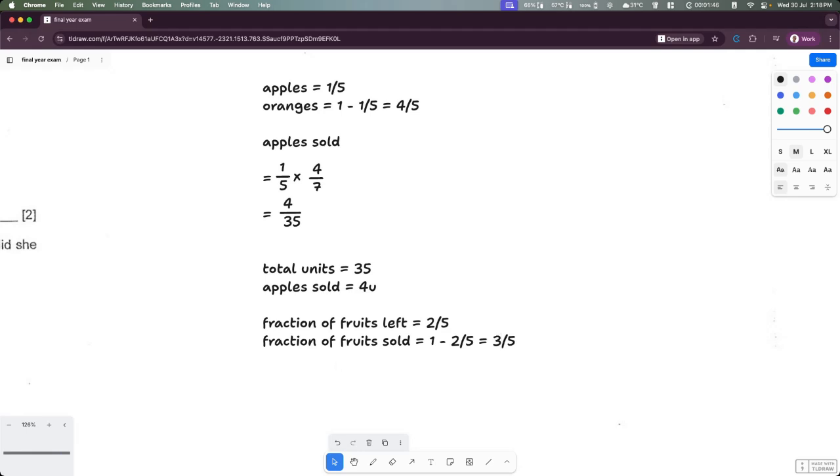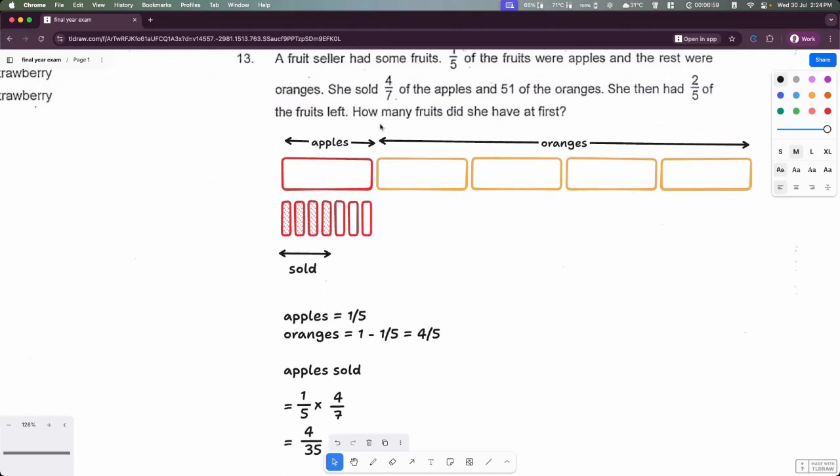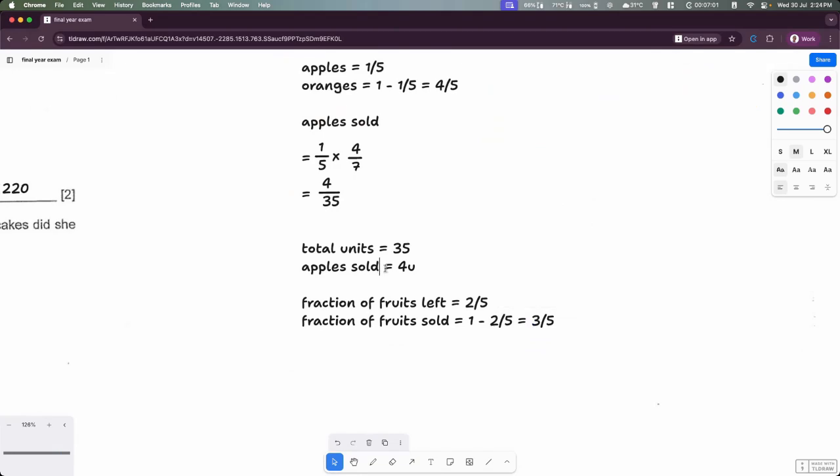Okay, so with that said, why do we need to calculate the fraction of fruits sold? Because 3 out of 5. And then we also know that there's 51 pears that is sold. Okay, so we also know that apples sold is 4 units. Okay, so total fruits sold is equal to 3 out of 5 times 35 units.